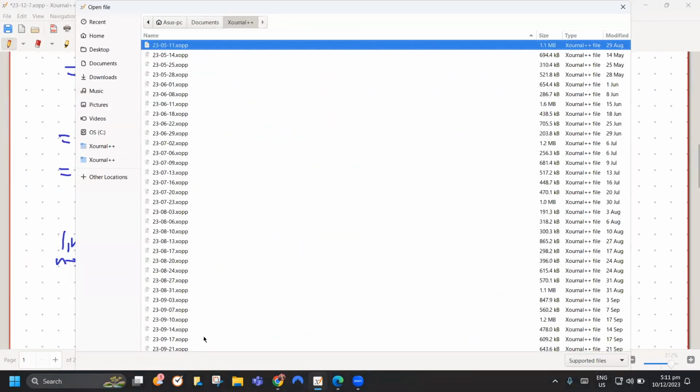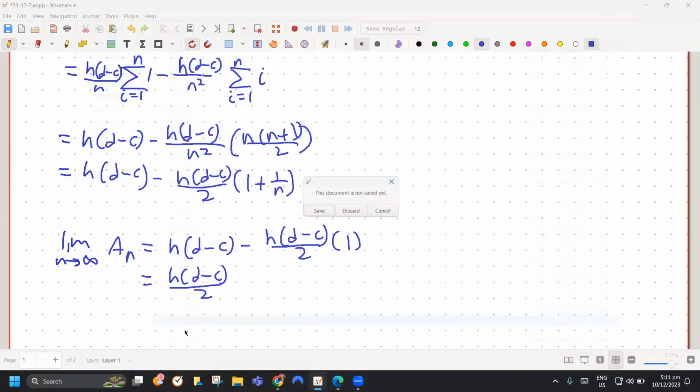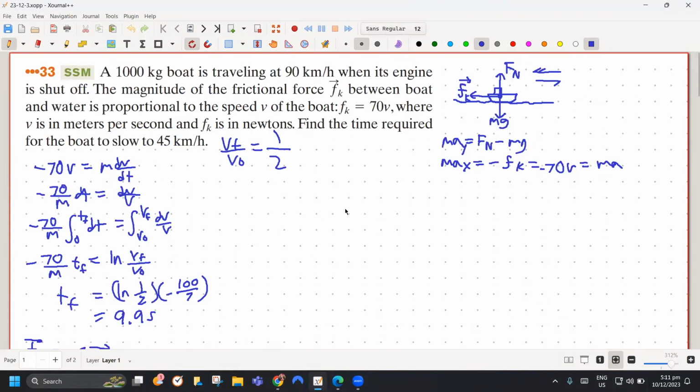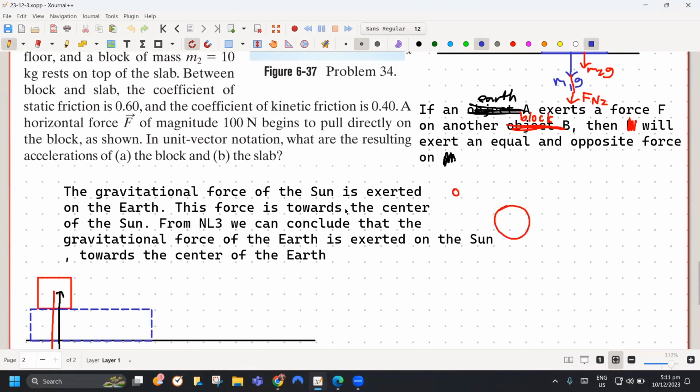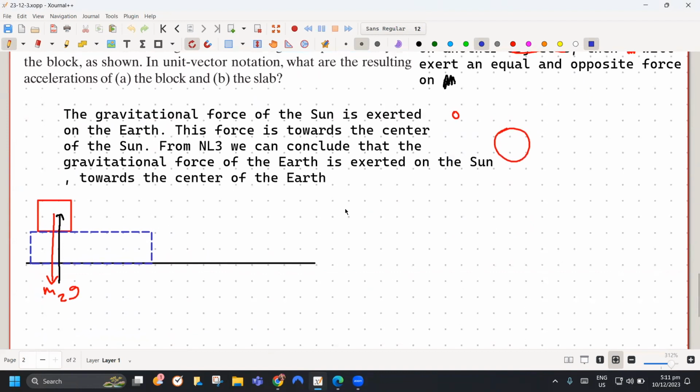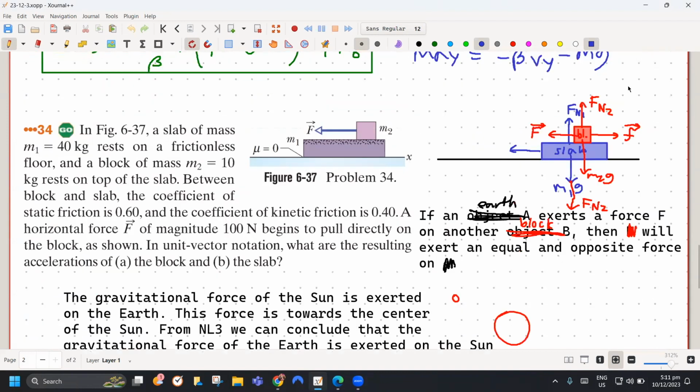Yung free body diagram, nagkaroon, 'di ba, nagkaroon ng issue kasi nung una hindi na-satisfy Newton's third law. Tama.